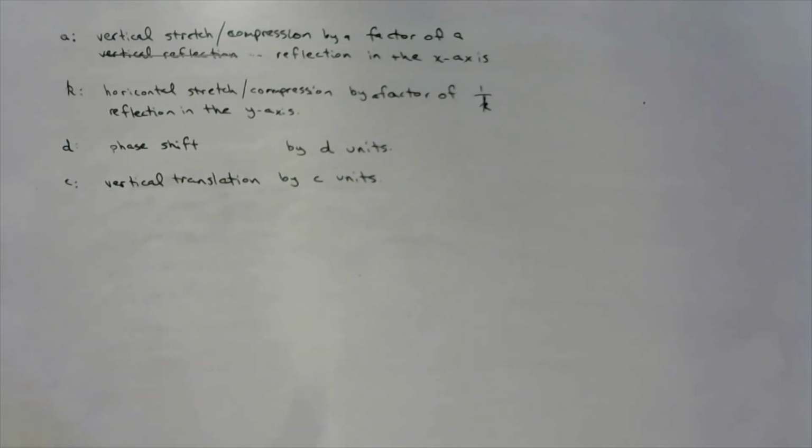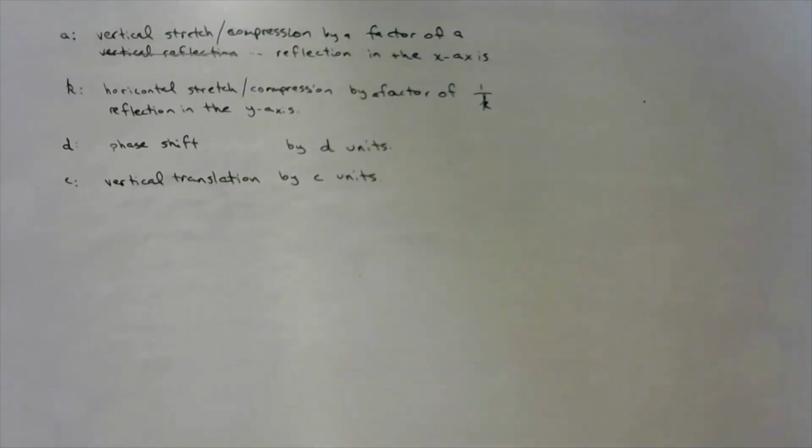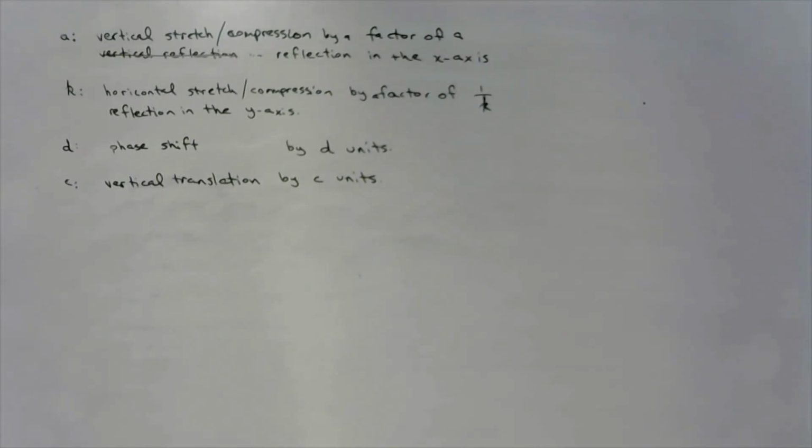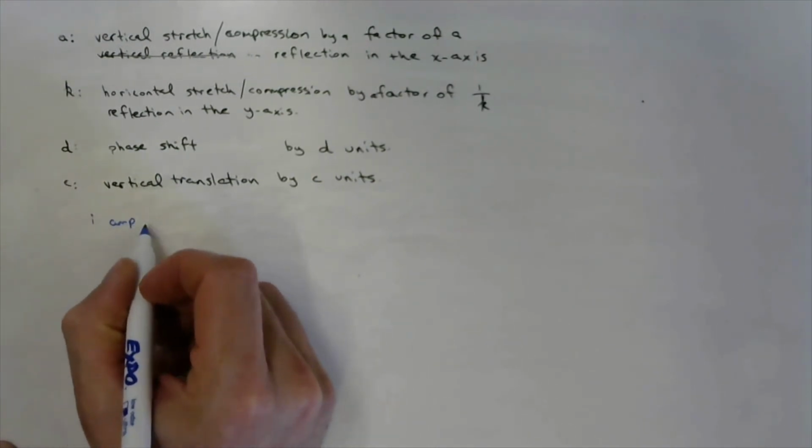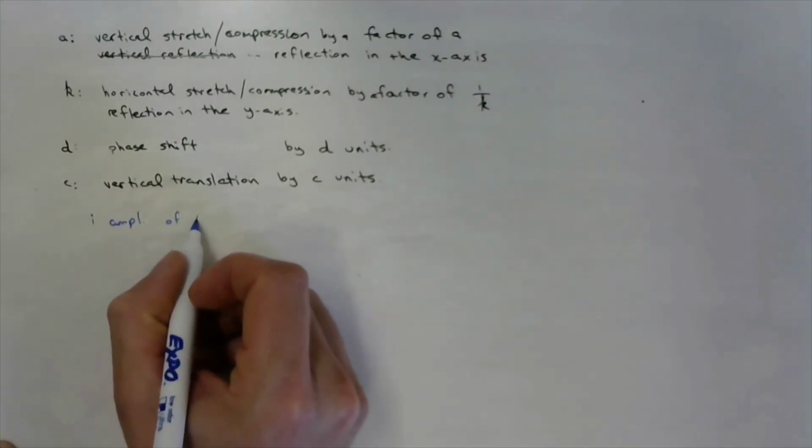So now we take that and we're just going to work on some transformations of sinusoidal functions. Example 1: transform the function f of x equals the cosine of x to g of x so that g of x has these characteristics. It's going to have an amplitude of 4.